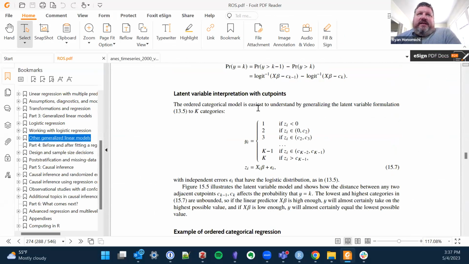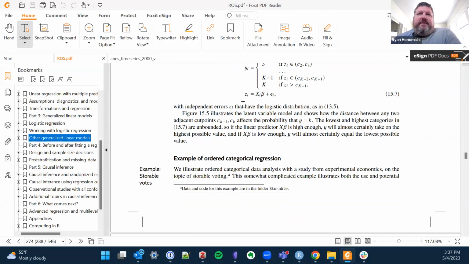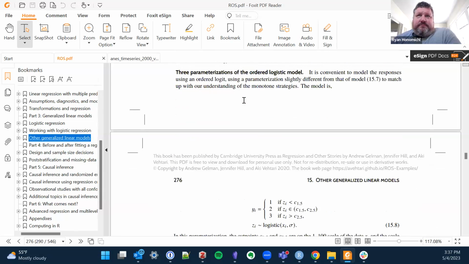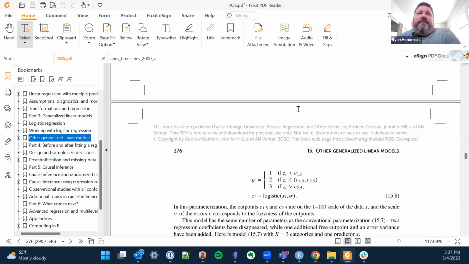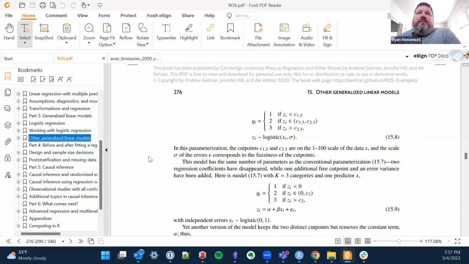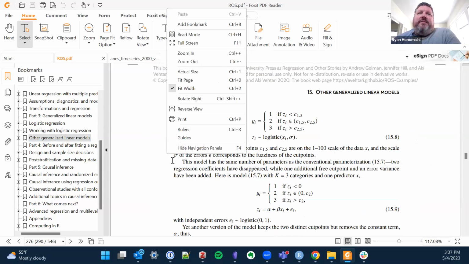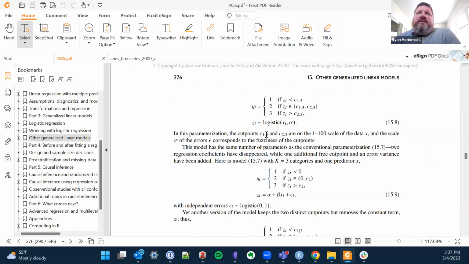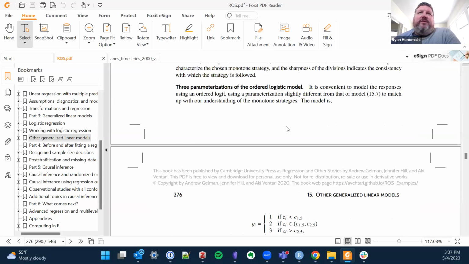Right. So you mentioned this idea of latent variables. Talk about the three parameters: the parameters are the cutoffs and obviously the standard error. In this case there's a cutoff at 1.5 and one at 2.5 for this example.